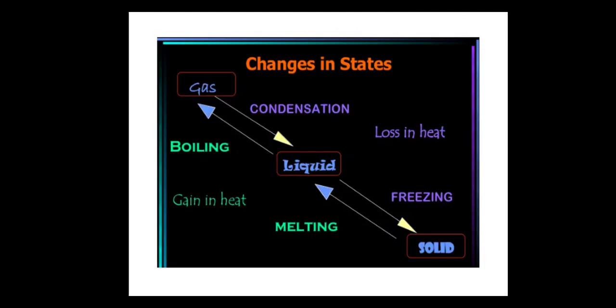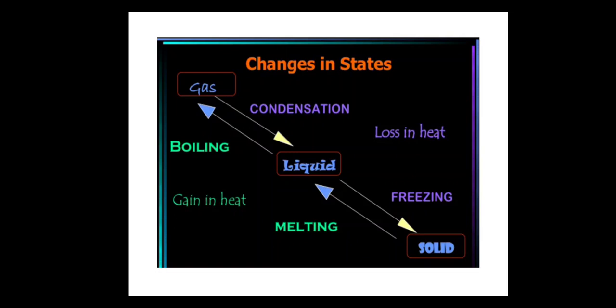Now with the help of this figure, you can understand how the three states of matter change into each other, that is solid to liquid, liquid to gas and vice versa. When a solid is heated, that is, heat energy is given to a solid, it converts into liquid and the process is called melting.